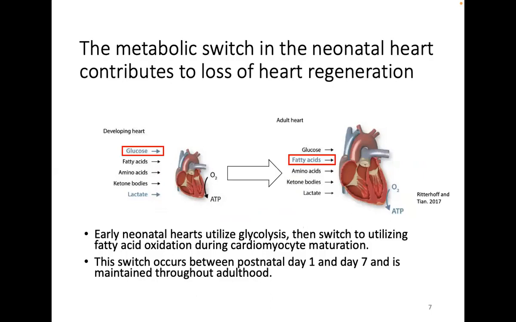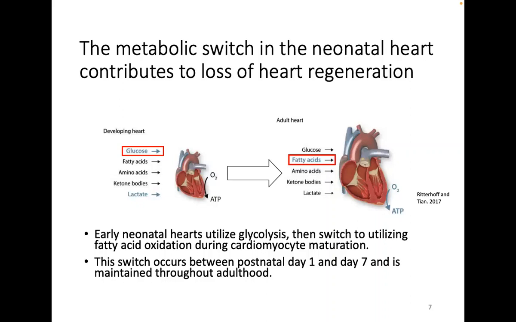As the heart matures, it goes through a metabolic switch, from glucose as a primary energy substrate to fatty acid oxidation. What this does is change the way that the heart utilizes energy to make it more efficient. And this switch occurs between postnatal day 1 and day 7, which is roughly the same time period that the neonatal heart can no longer regenerate.